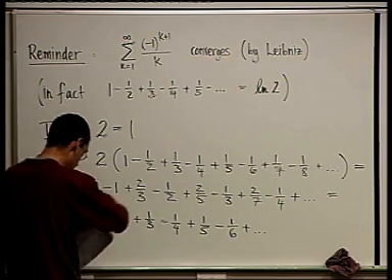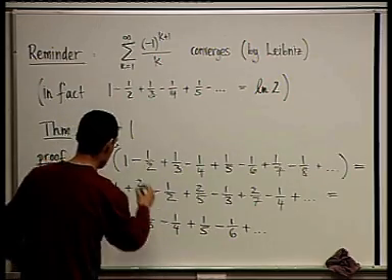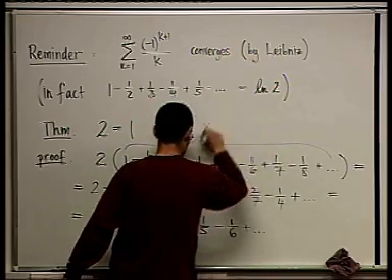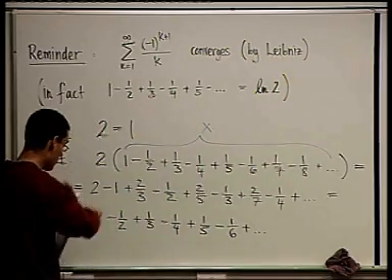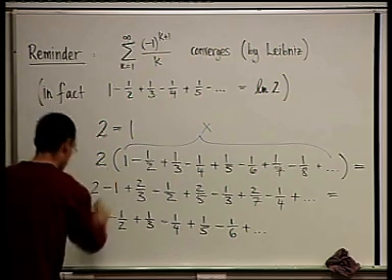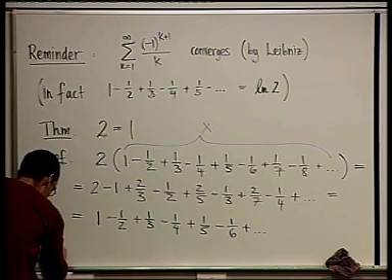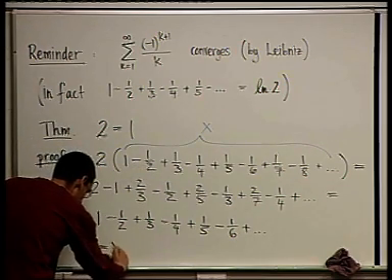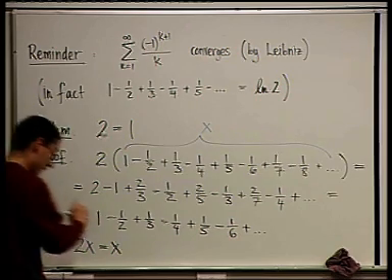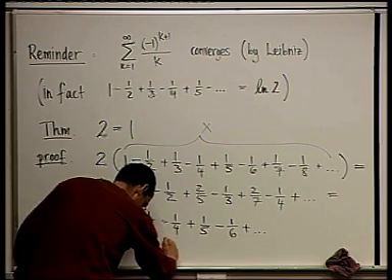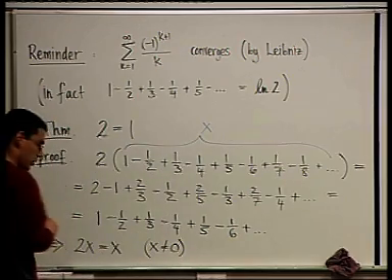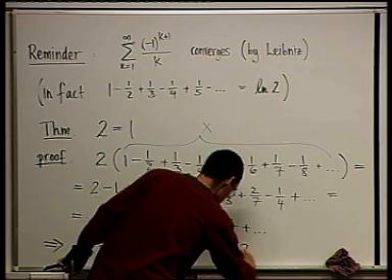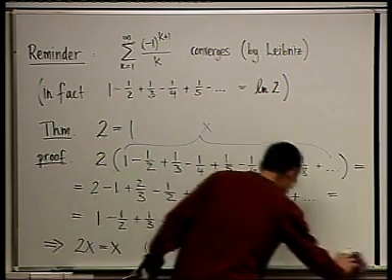So if we call this number x, what we just showed was that 2 times x equals x, where x is not 0. And since x is not 0, we can divide by it and conclude that 2 is equal to 1.